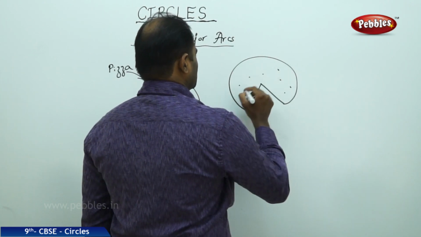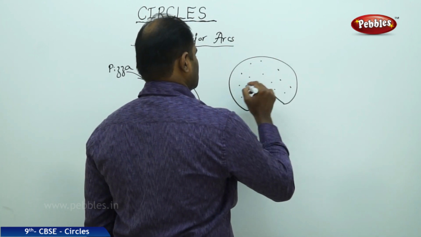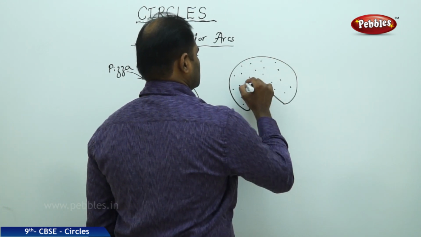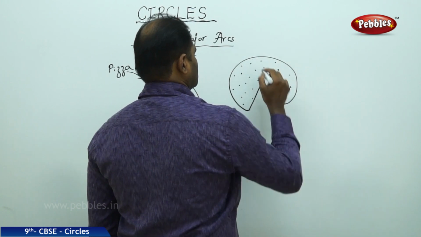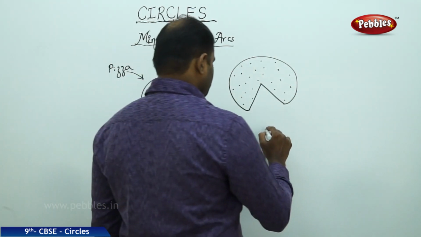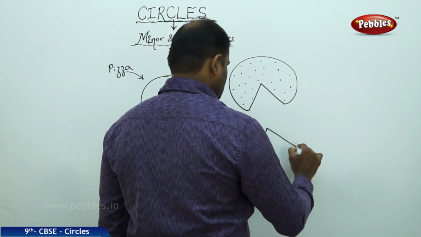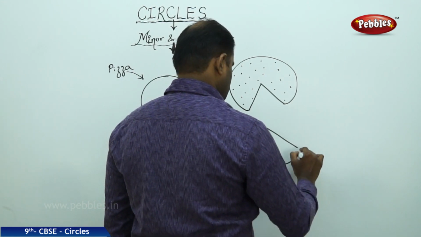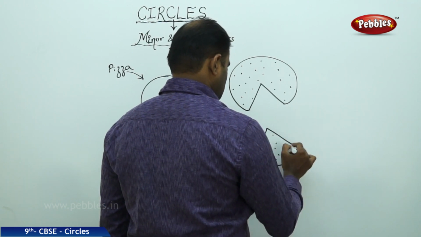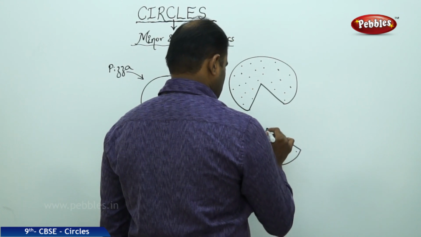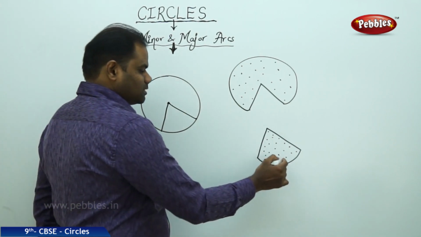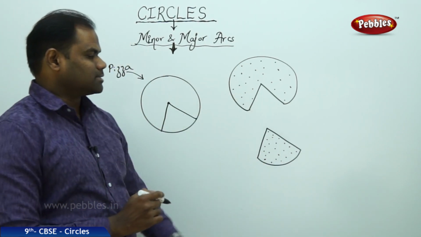So I get a pizza which is this, and I get another set of pizza which is this. So here I have two pieces of pizza which are obtained when I slice it in the center.